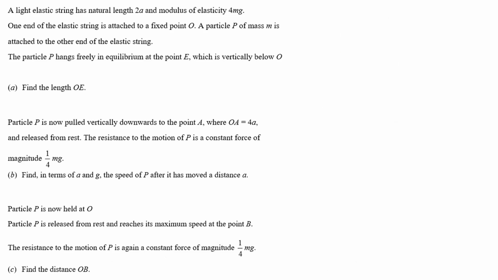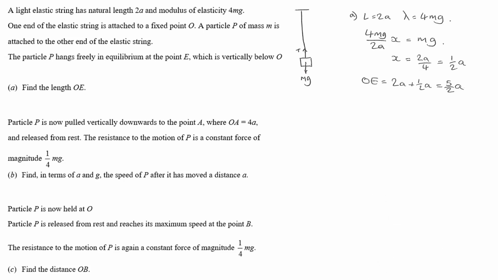Right, this question: a light elastic string, natural length 2a, and modulus of elasticity 4mg. One end is fixed at O at the top, and the particle P of mass m is attached to the other end of the elastic string. P hangs freely in equilibrium. So when it's in equilibrium, I've just got the vital information and put it at the top there.